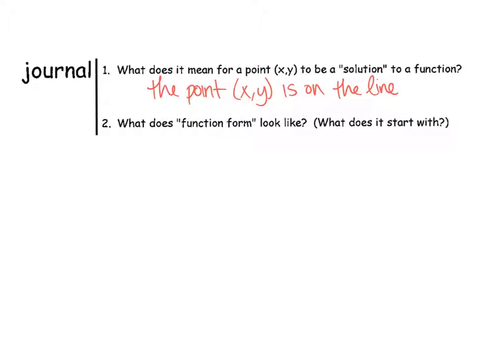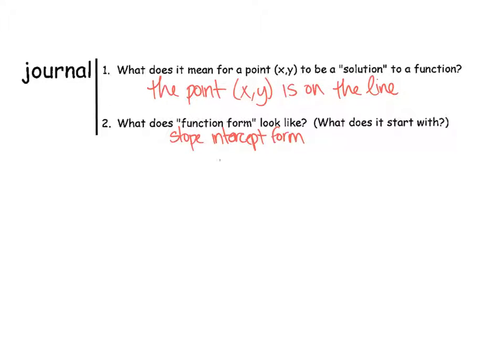Okay, number 2, function form. Function form is that equation I've been giving you all yesterday and today. What is it? y equals mx plus b. Underneath the word function form, can you also put slope intercept? Slope intercept form.